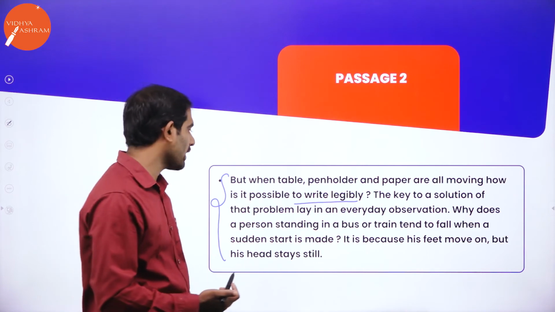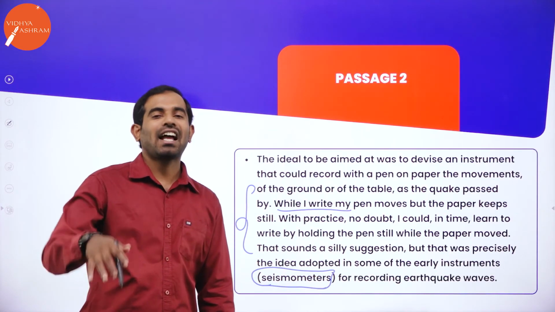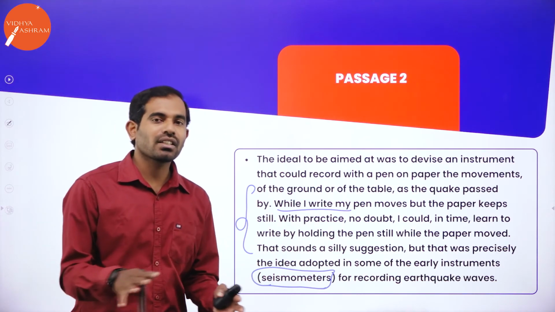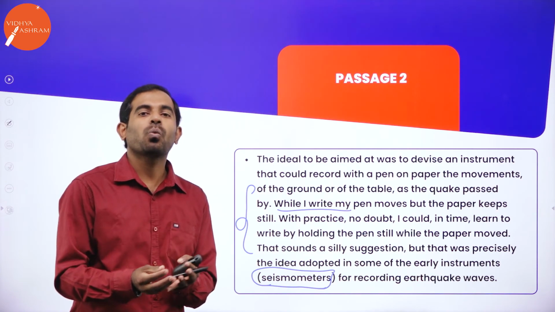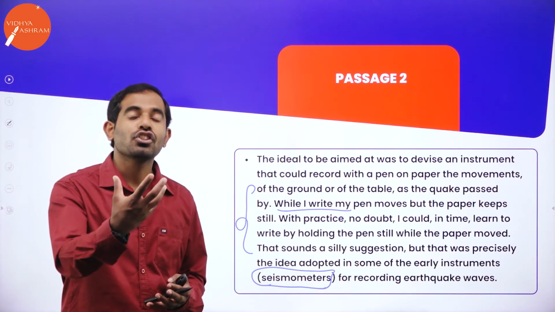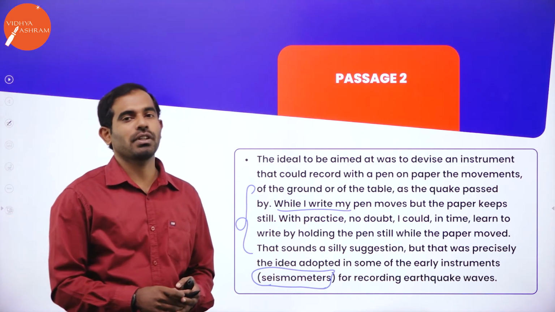It is nothing but inventing the seismometer. The seismometer has to be placed in a particular place, and when there is an earthquake, imagine the very ground where the seismometer is placed is shaking, how will it read? So that is the basic concept here.